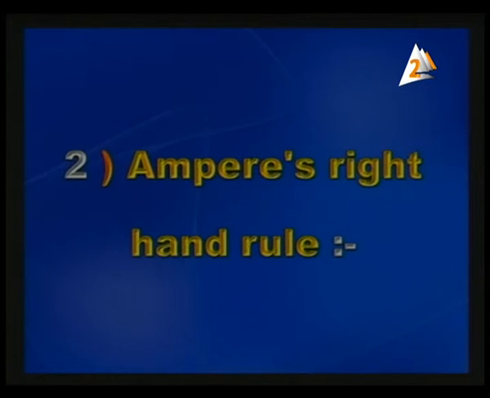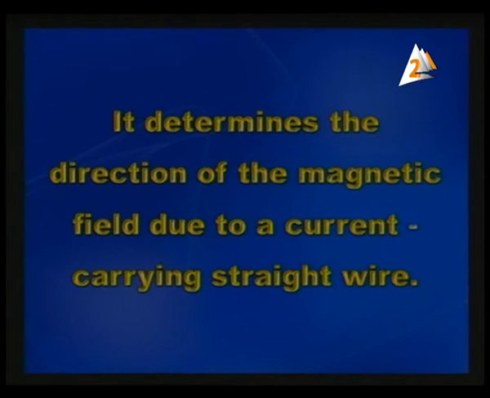Also, we want one use for Ampere's right-hand rule. Ampere's right-hand rule determines the direction of the magnetic field due to a current carrying a straight wire.